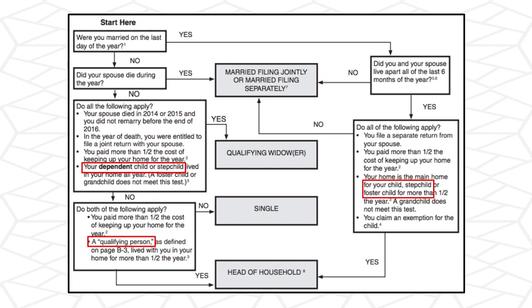So this is the one where we're going to turn to page B3, and we would see if the person who lives with them is either a qualifying child or qualifying relative, and then proceed through the chart to see if they meet all the requirements to be considered a qualified person. So just notice with these red boxes the differences in all of the relationship requirements based on the taxpayer's filing status.